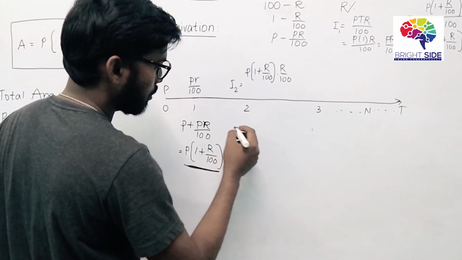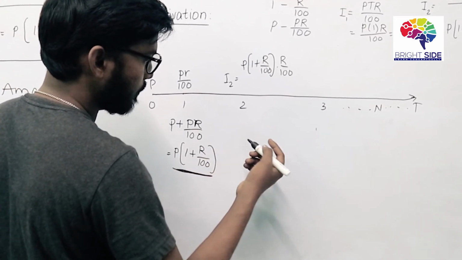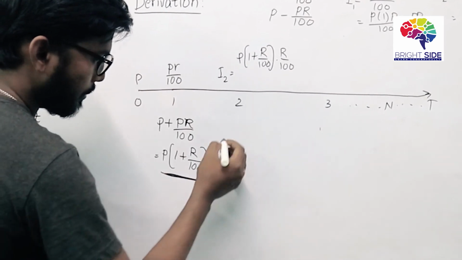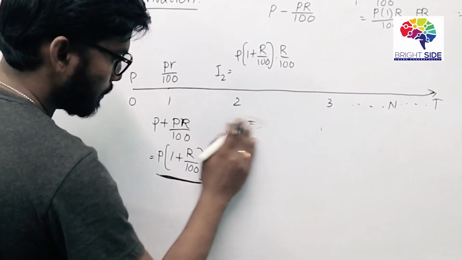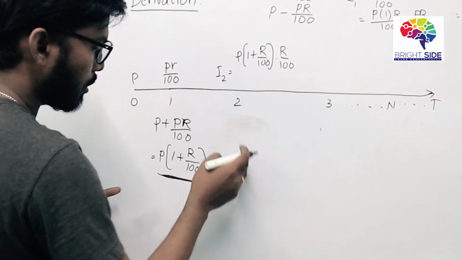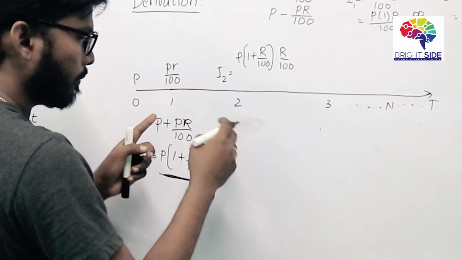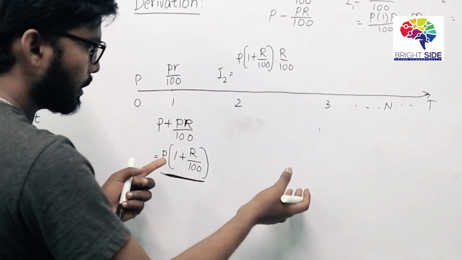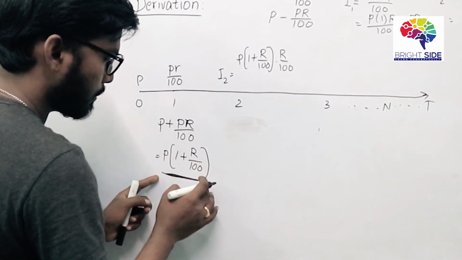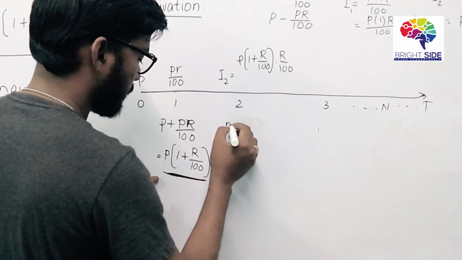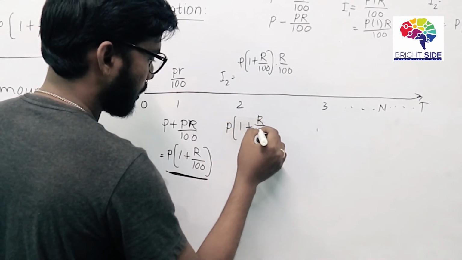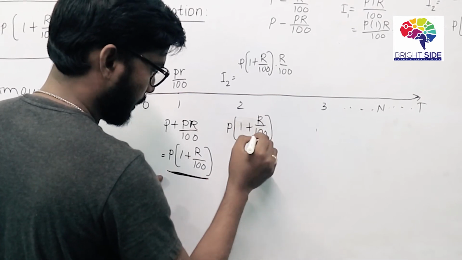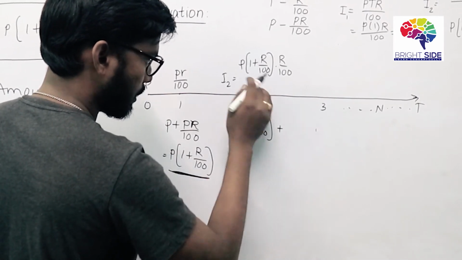Okay, so total amount that we have to pay is P plus interest, principal amount plus interest. What is the principal amount here? We already know principal amount while calculating the compound interest will be the previous year's total amount. This is the P here. So P is P into 1 plus R by 100. This is P. What is interest? This is interest.